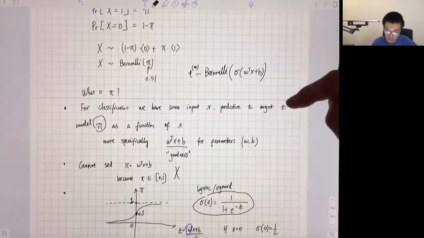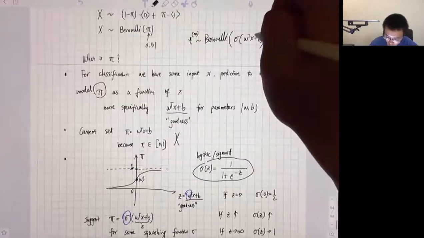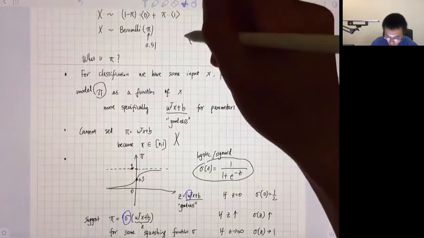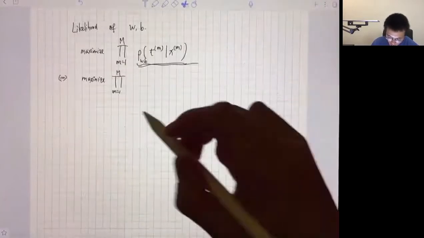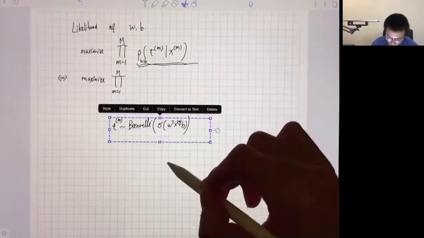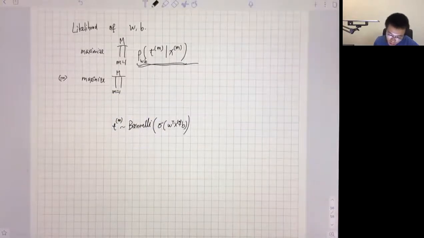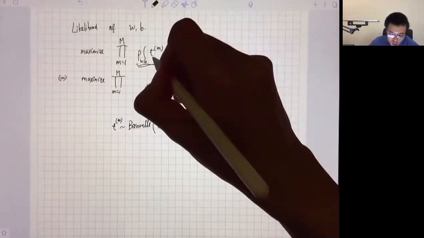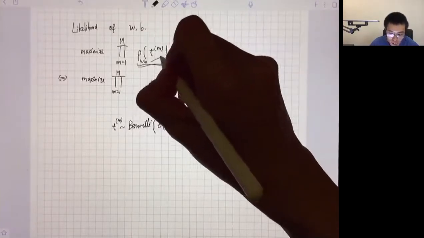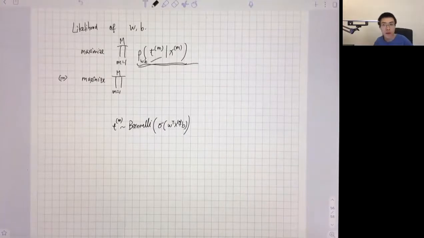So I can copy this. Then for a particular data sample, tm may be 1 or it may be 0.